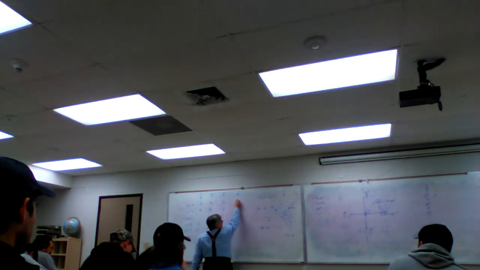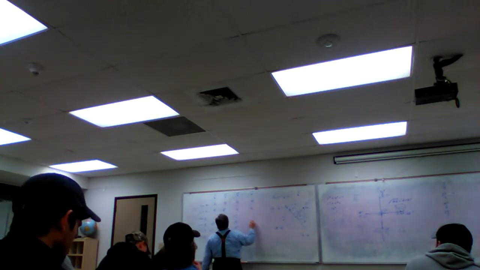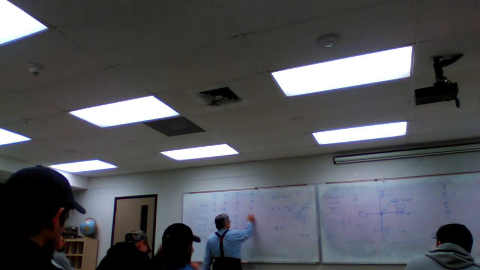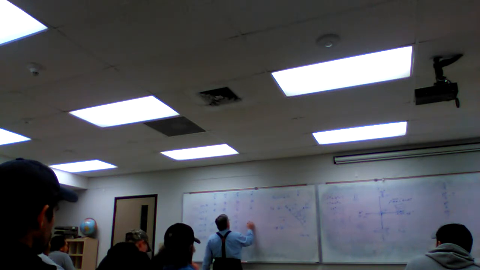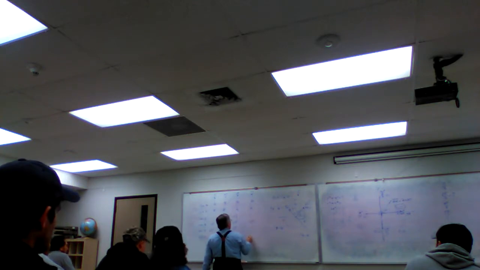Okay. Our sine, negative 1 over the square root of 2. Cosine, 1 over the square root of 2. Tangent, negative 1. Cosecant, negative square root of 2.